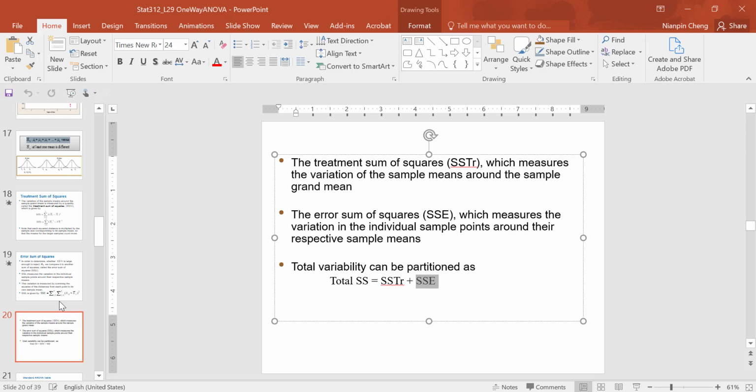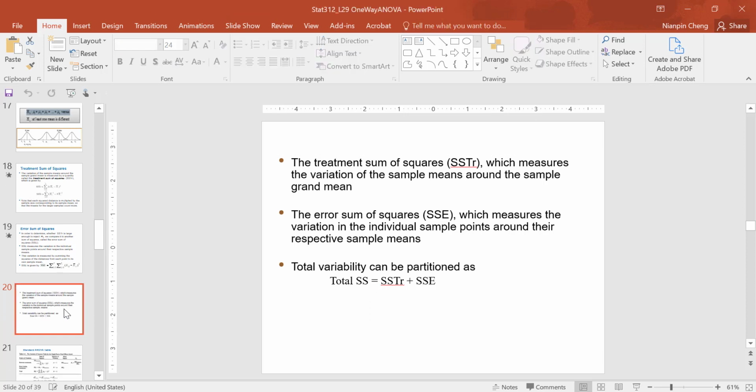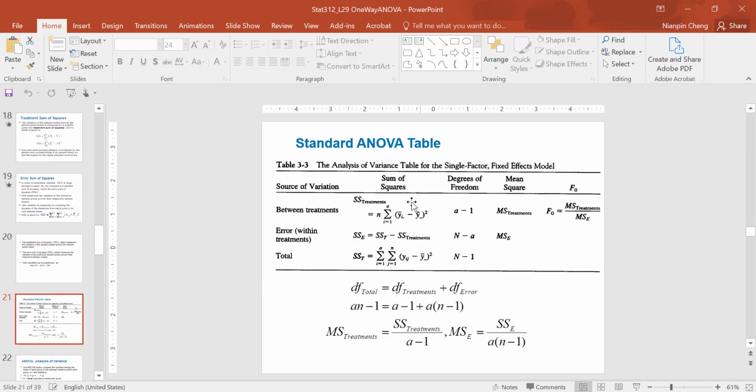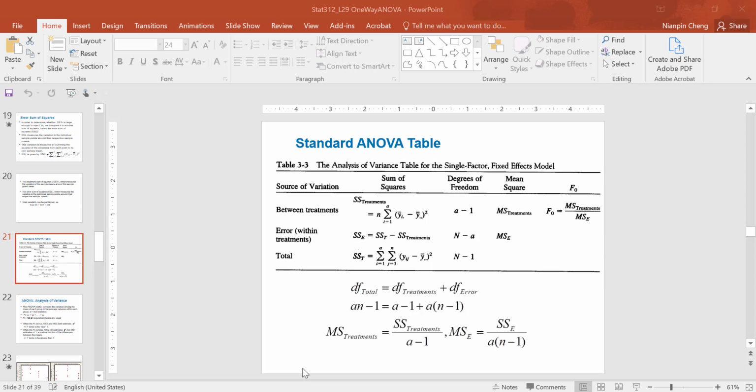So how do we analyze this data and make a conclusion? We build what we call the standard ANOVA table. In the ANOVA table, the first part shows the source of variation. It could be from between treatments, the variation from treatment, or the variation from the error, that's within treatments, and the sum of squared variation.